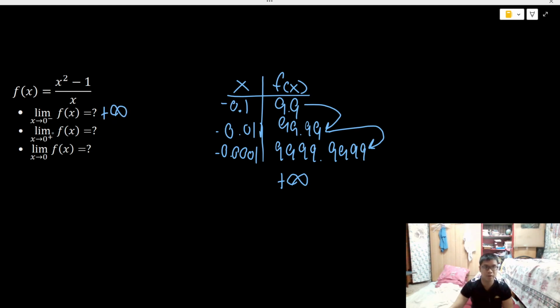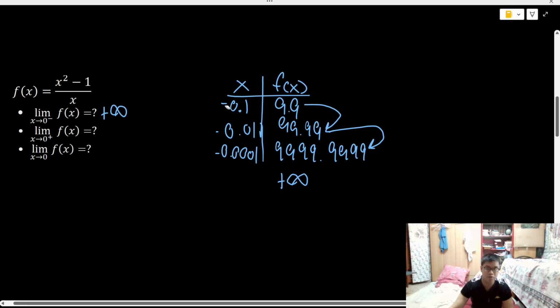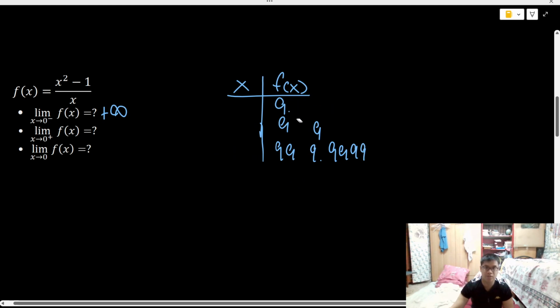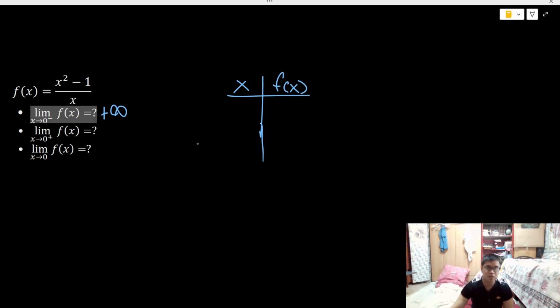Now, how about this one on the right? Approaching 0, but from the right. So let's try 0.1. I think the answer would be the same, but the signs would differ. But let's take a look. I could be wrong. 0.1 squared minus 1 all over 0.1.